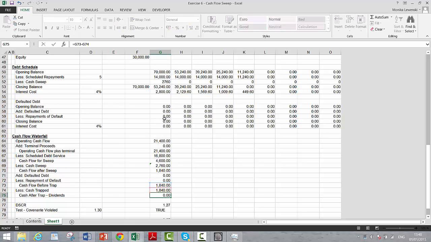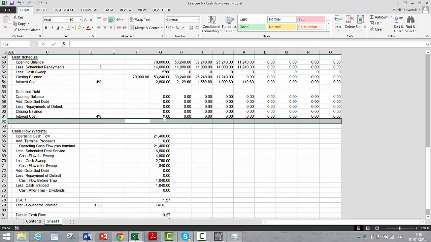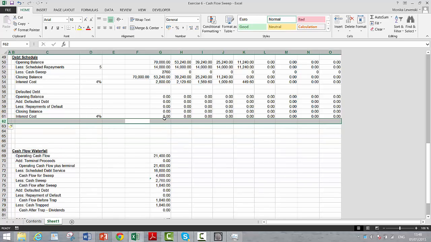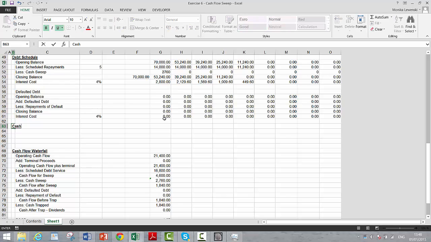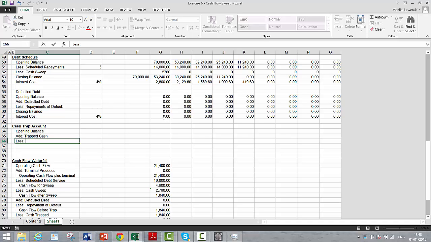And if we've trapped the cash, we have to put the trapped cash somewhere. So we need to make one more little account up here, and let's put the cash trap, and let's add, it's almost like a negative debt, put an opening balance, add the trap cash, subtract the release of the trap cash, and then we put a closing balance.